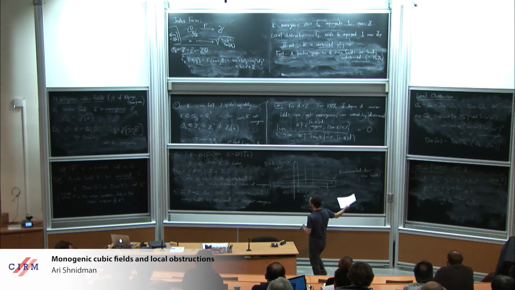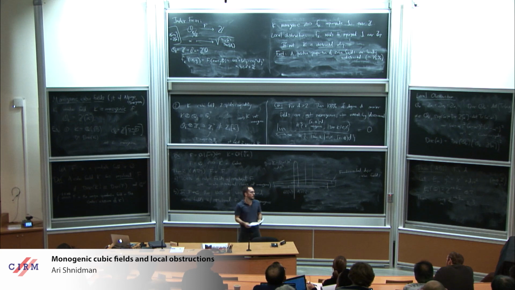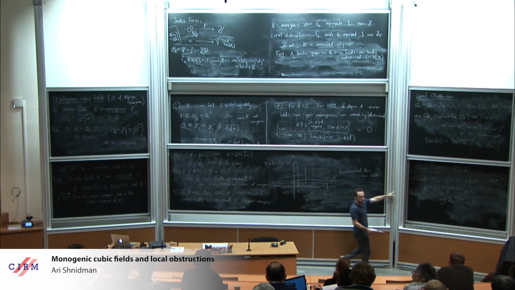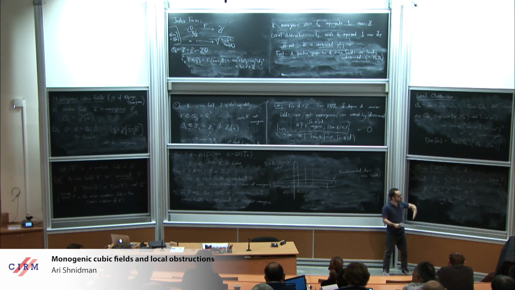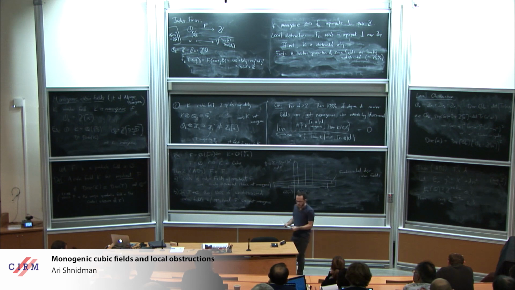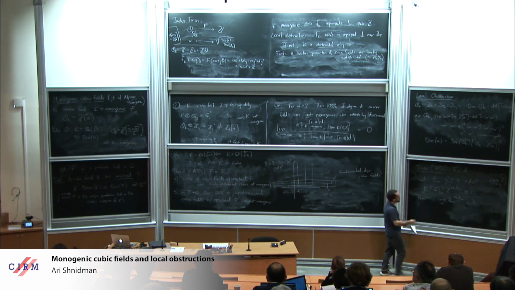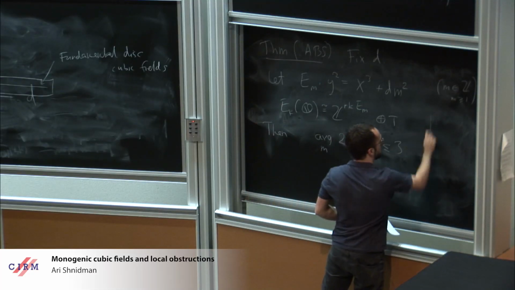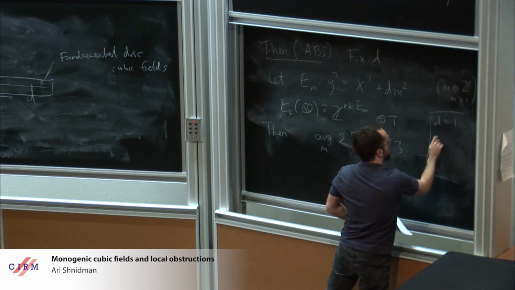And so we're going to use this as input into this theorem. There's a similar theorem that gets used as input to the first theorem. It was already known. We proved a similar theorem for the sextic twist family earlier. And I should say this theorem, when d equals 1, is really due to Alpoge already.